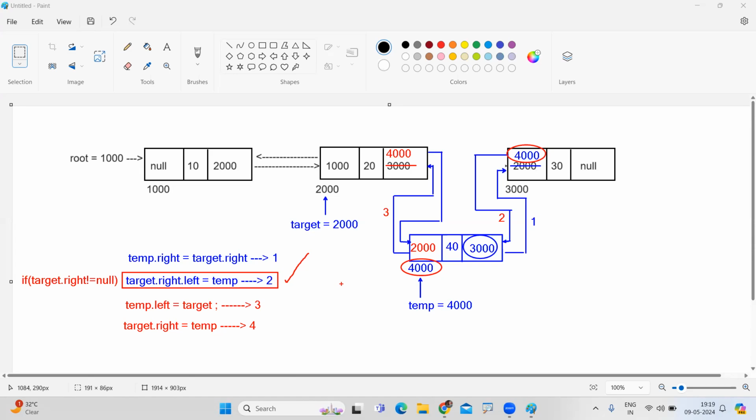Everybody has to drop the double linked list code. Then in tomorrow's class, directly I will start binary search tree explanation. Please complete this, everyone. Take the screenshot and leave.